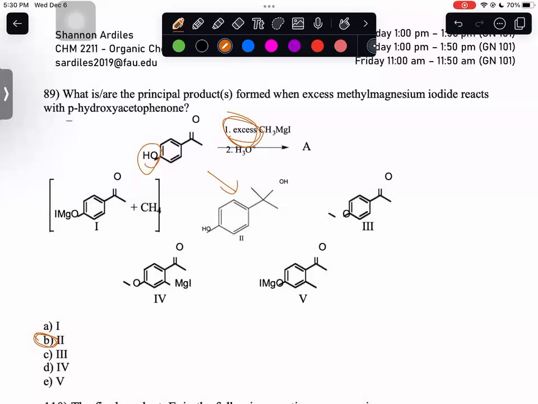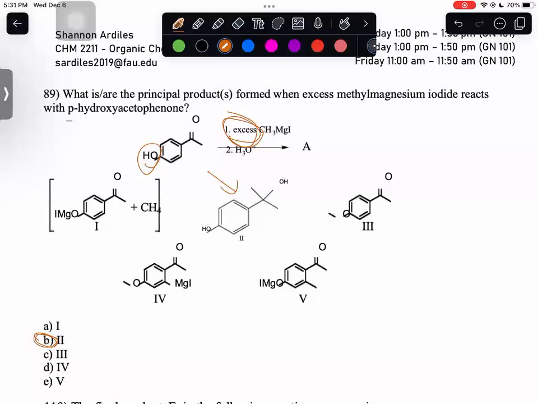I'm not sure if I mentioned it in SI, but if you went to tutoring at some point, I did. So we're saying that this wouldn't happen without excess. No, it would just deprotonate it and then go back to the original molecule, because it's an acidic proton.